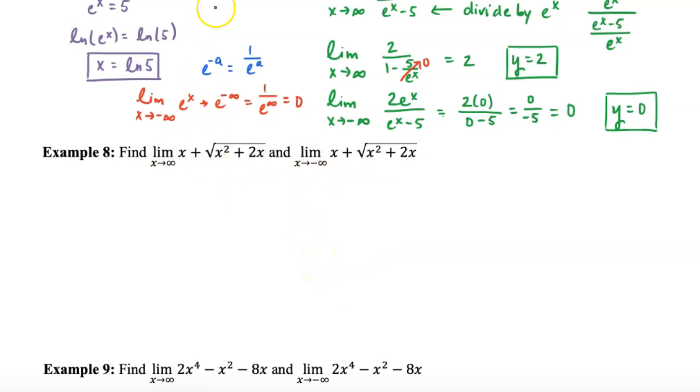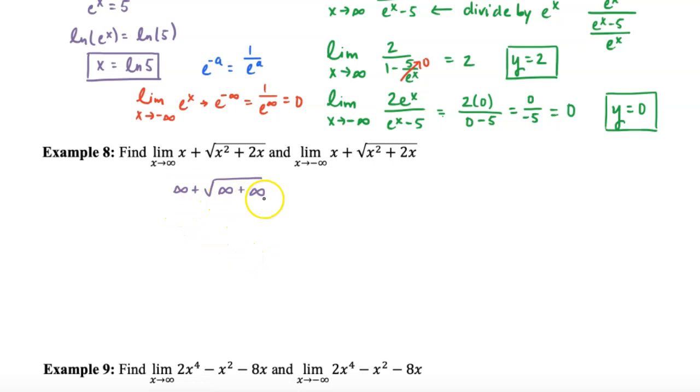So first, let's just take a look at what happens when I plug in an infinitely large value. When x approaches positive infinity, if I just plug in infinity, then I'm going to get infinity plus the square root of infinity squared, which is just some infinite value, plus 2 times infinity, which is another positive infinite value.